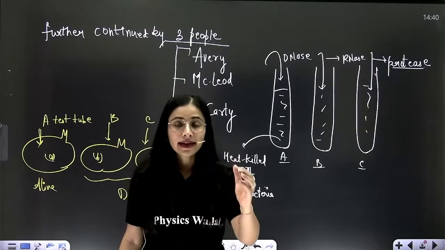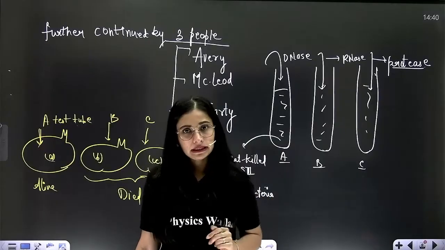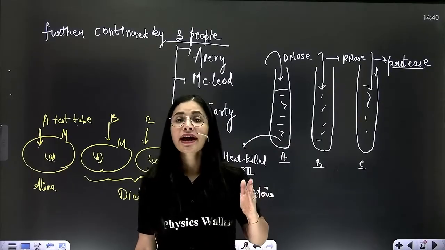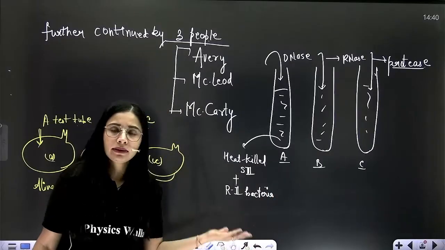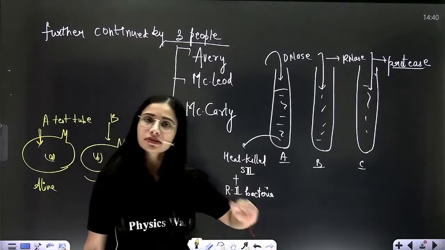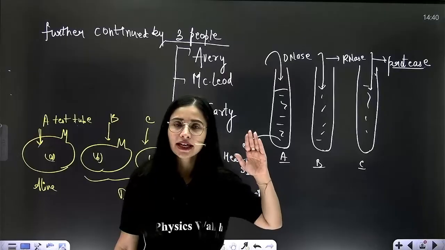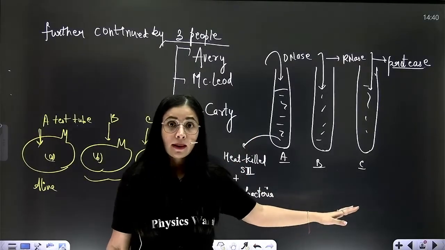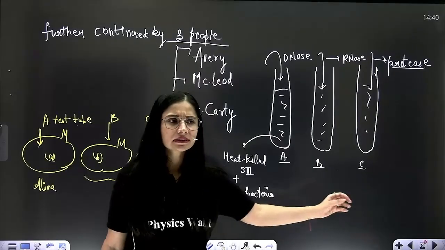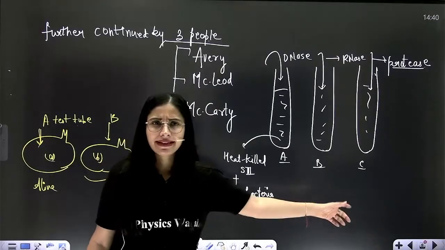However, later on, two more people came by the name Hershey and Chase. MacLeod and McCarthy, 99% they said that yes, DNA can only be the genetic material, with the help of the experiment. But some scientists still did not believe them.